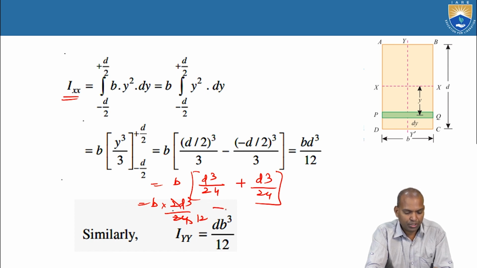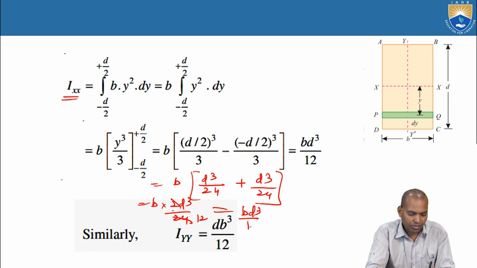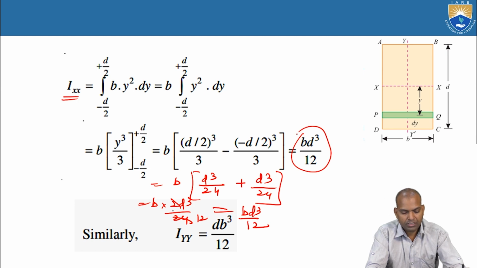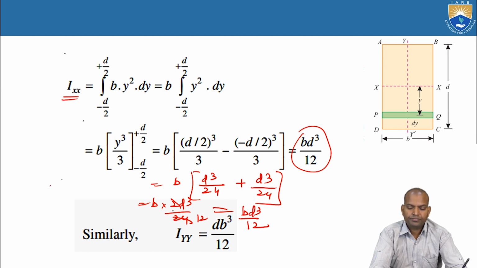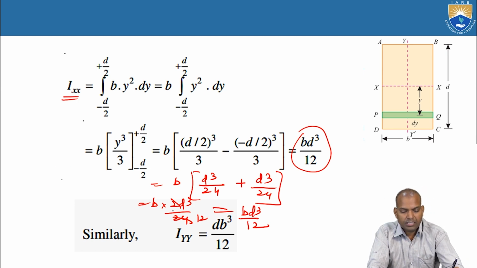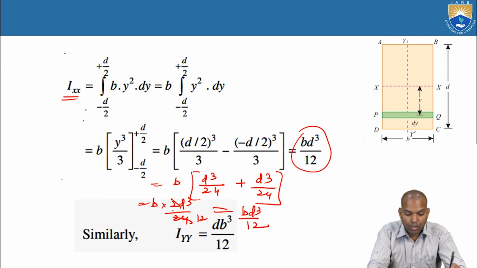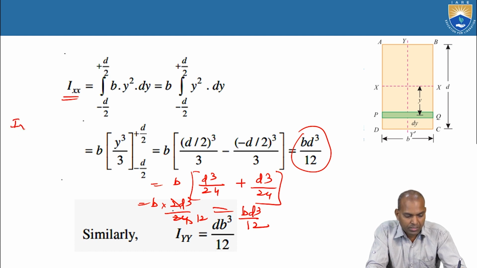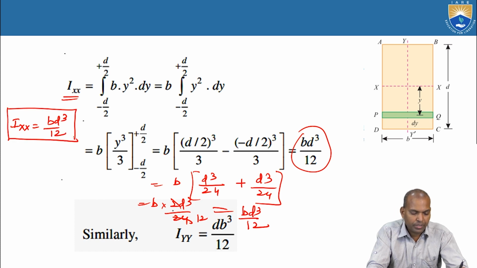We got it as b d cube by 12. Thus we obtained this relation, b d cube by 12. This is about axis xx, the moment of inertia about the horizontal axis xx.